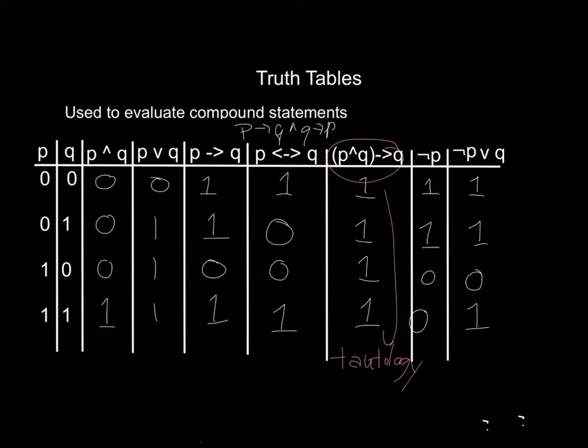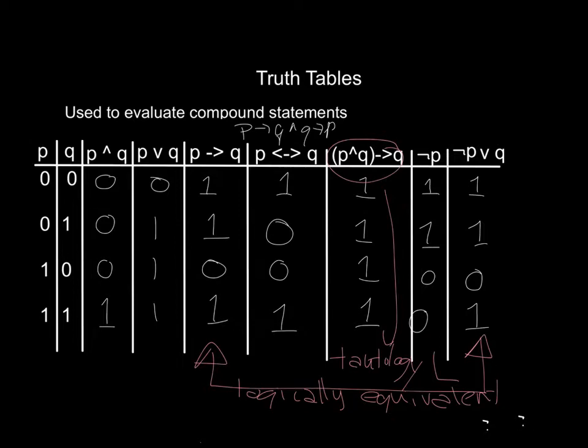So the second thing to notice are these two evaluations are logically equivalent. And we say that because they have the same truth table evaluations for all possible values of P and Q.